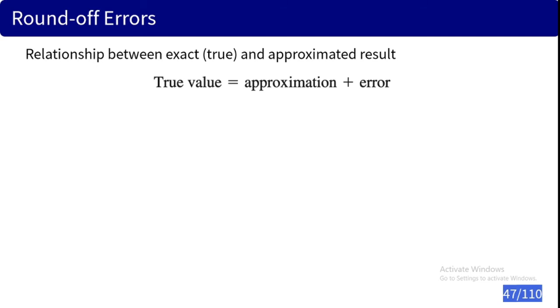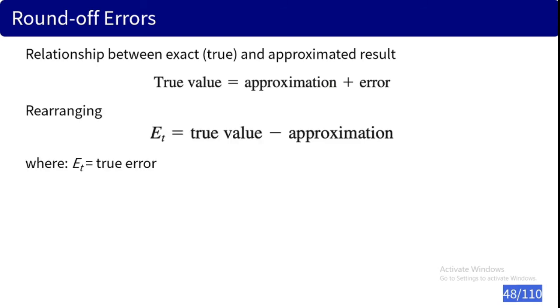So mo ang relation niya. True value is equal to the approximation plus error. Okay? Kaning error na to dili si strict nga pasabot nga only plus kay ang error can be of either two signs, pwede siya positive or negative ang error na to ani. So in general na to ani, ang true value is approximation plus minus error.